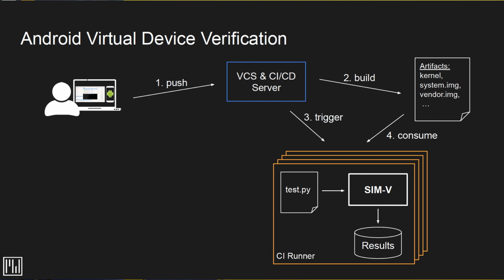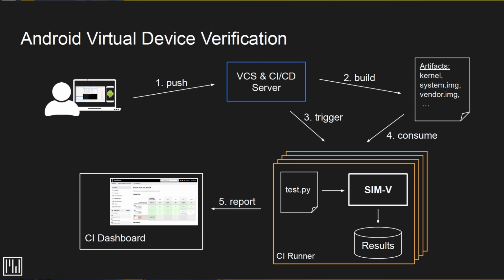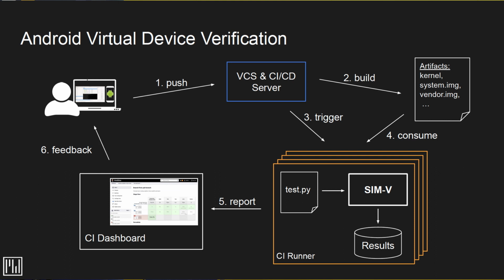When all the CI runners have finished, you can look at the results. So the CI runner will report your continuous integration results to your CI dashboard, for example in Jenkins or whatever CI solution you use. And then this provides direct feedback to the developer that has made this change. So with our technology, you can test every single commit in your Android stack.